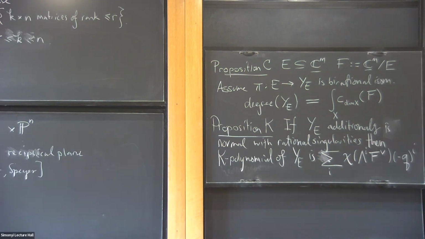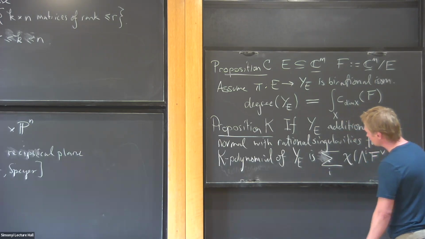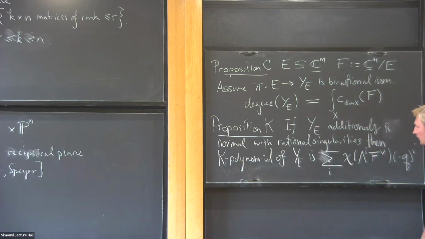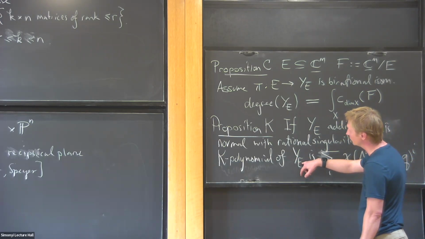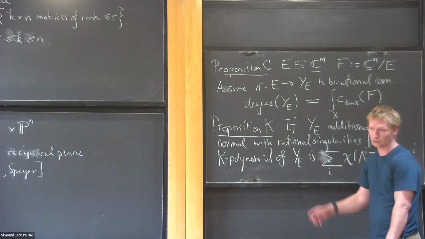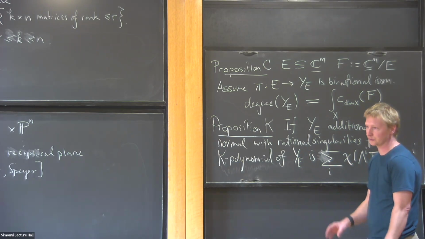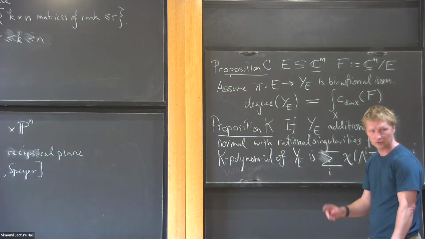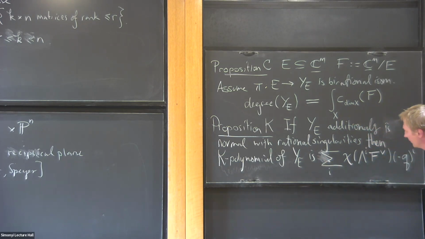Okay, so what's happening here? So the K polynomial, you should think of this as like this affine variety. It has its coordinate ring, and you can write down the Hilbert series of that coordinate ring. The Hilbert series ends up being a rational function. The K polynomial is the numerator of that rational function.